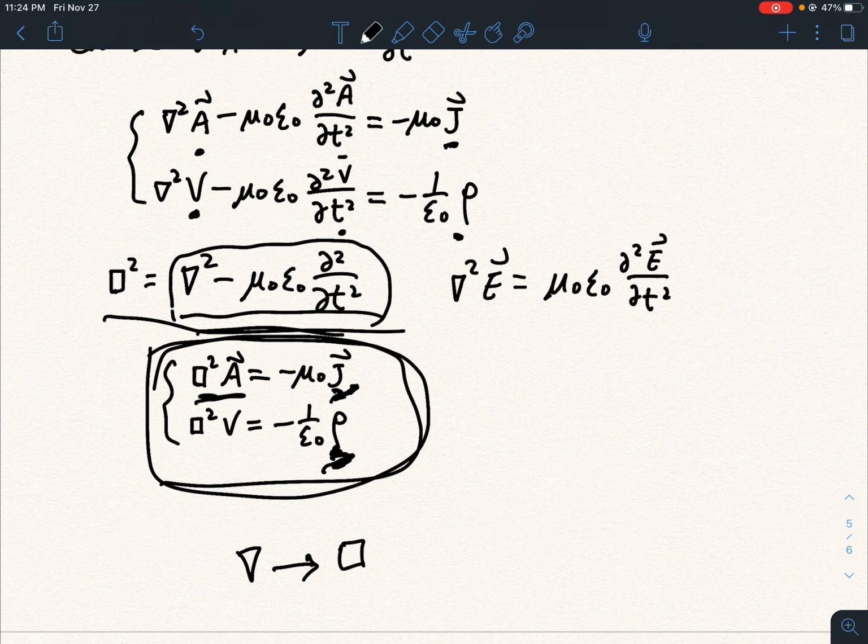And at the end, as I said, using this Lorentz gauge, V and A are treated on equal footing, and then we just need to solve this inhomogeneous wave equation, because often the source is non-zero. We just need to know the specified sources for the current and for the charge.